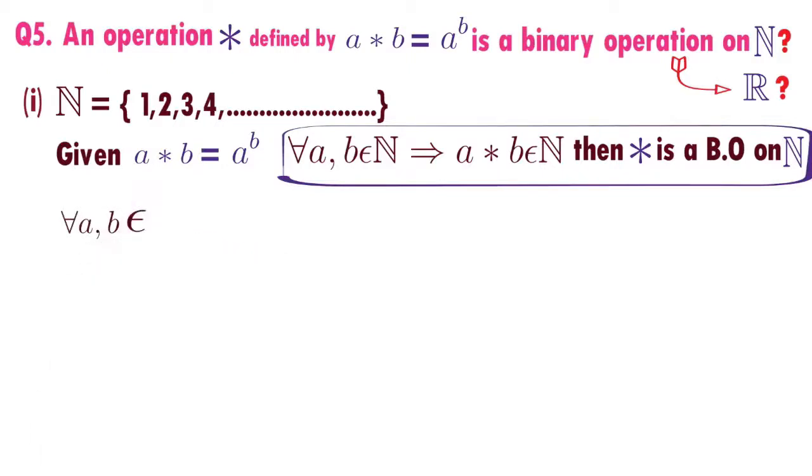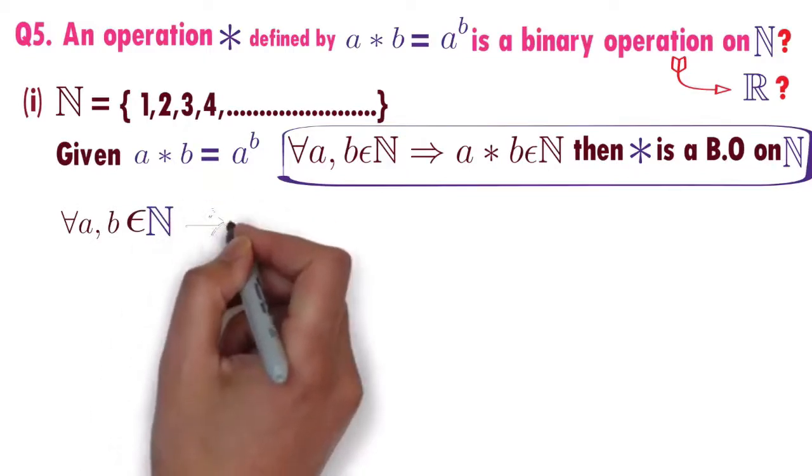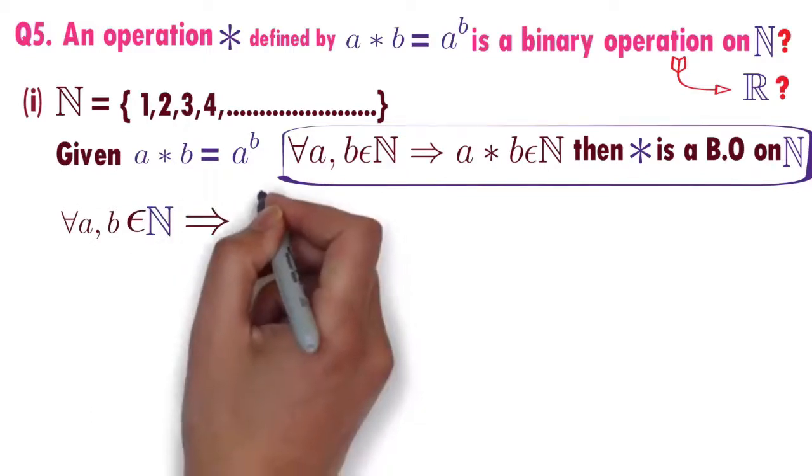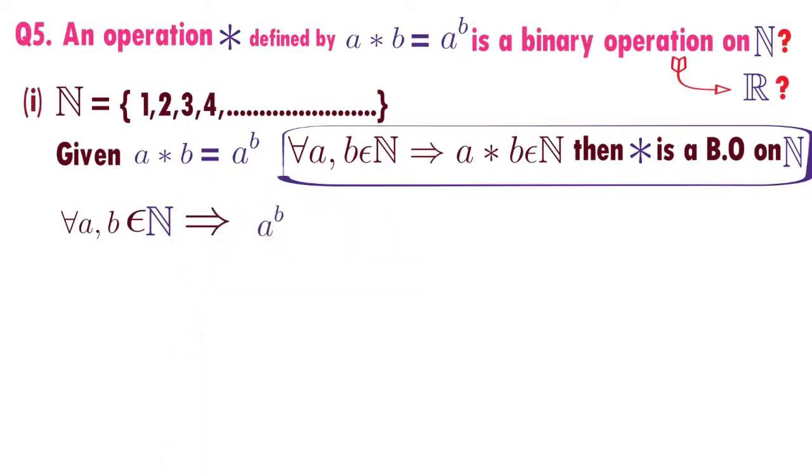Now I'll take two natural numbers a comma b. Now you think of a power b. A is a natural number, b is a natural number. What is a power b? See, 2 cube 8, 3 cube 27, 2 square 4. If a is a natural number, b is a natural number, a power b is also a natural number.